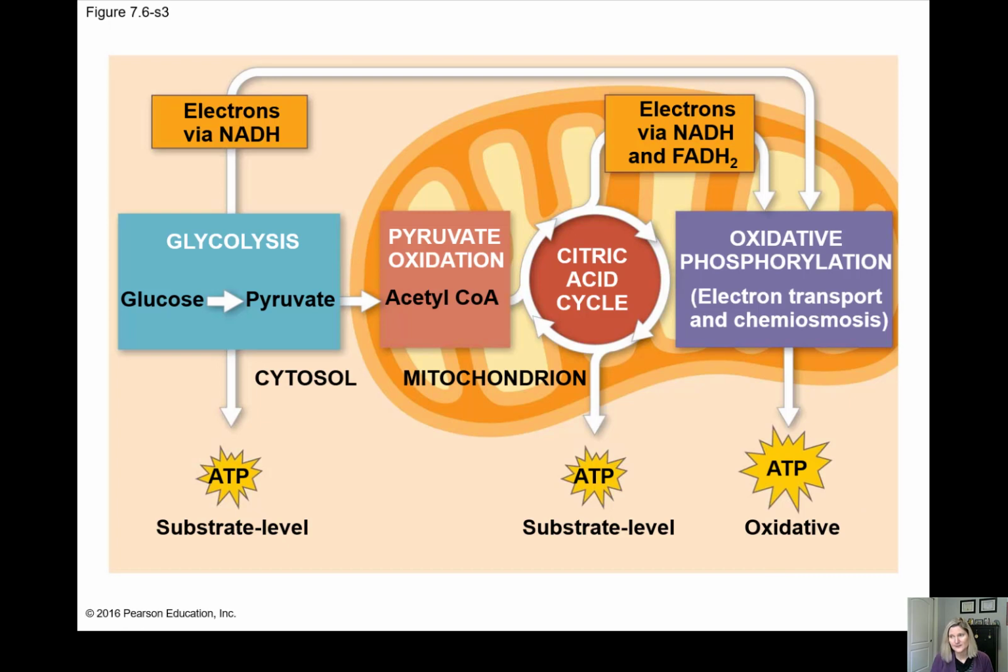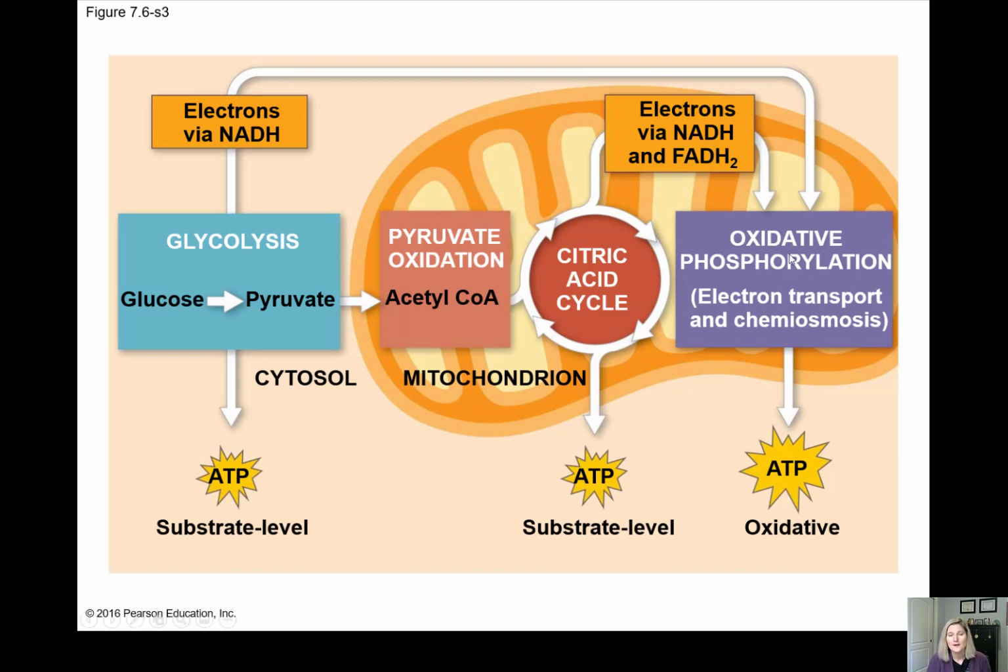And then the final stage is where the bulk of ATP synthesis occurs. That's where we strip the electrons from the NADH and FADH2, so these molecules lose their electrons and become oxidized. Then we use those electrons to pump protons, or hydrogen ions, across a membrane. It ends up causing so many protons on one side of the membrane that we have a concentration gradient.